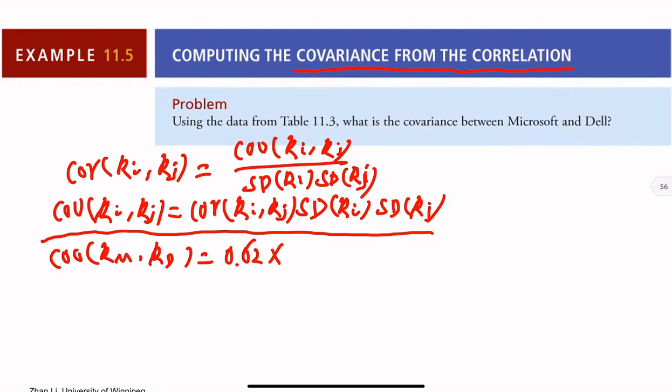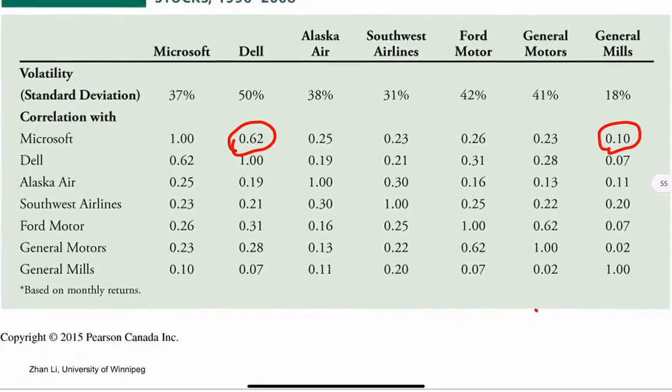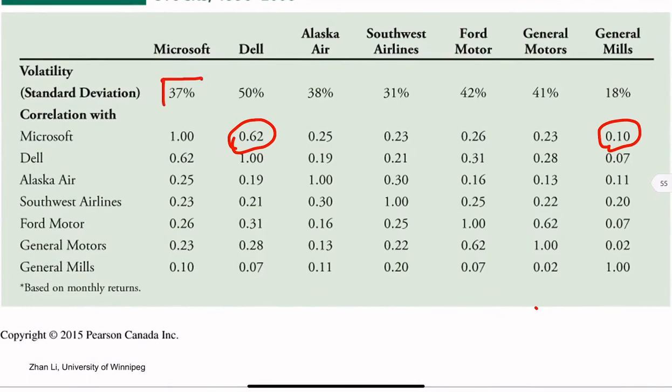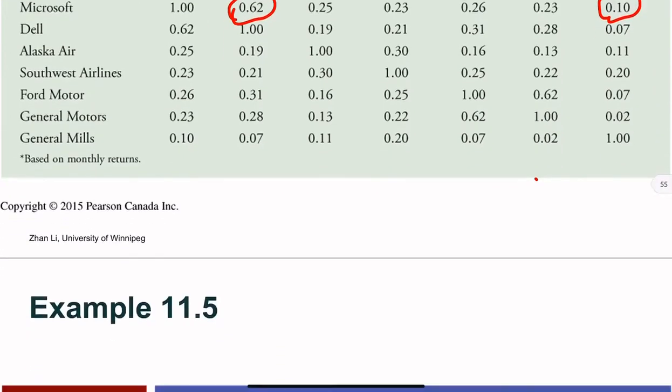We also need the standard deviations. The standard deviation of Microsoft is 37%, and for Dell it is 50%.